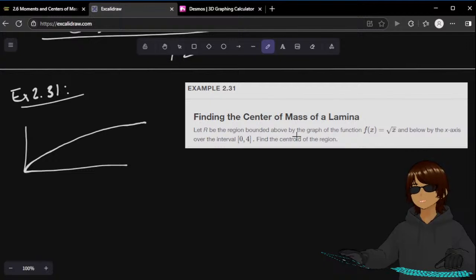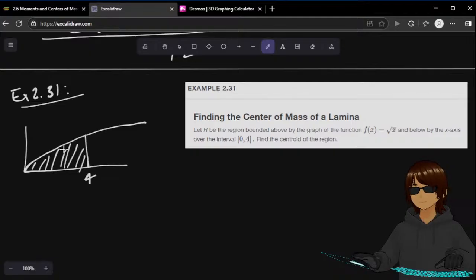Let R be a region bounded above by the graph of the function root x and below by 0. So we are considering all this. Find the centroid.